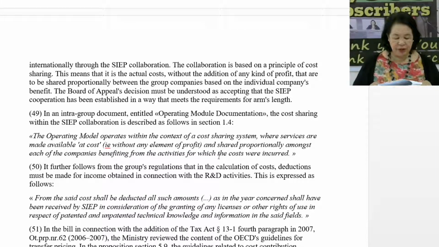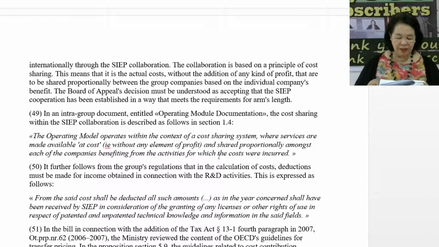It further follows from the group's regulation that in the calculation of cost, deductions must be made for income obtained in connection with the research and development activities. This is expressed as follows, no? So from the said cost shall be deducted all such amounts as in the year concerned shall have been received by SIEP in consideration of the granting of any licenses or other rights of use in respect of patented and unpatented technical knowledge and information in the said fields.